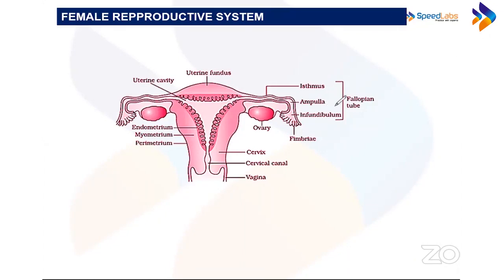Okay. Look at this. These are the ovaries, one on this side and the other on this side. So a pair of ovaries. The female reproductive system can be divided into two important parts. The first one is the primary sex organ.